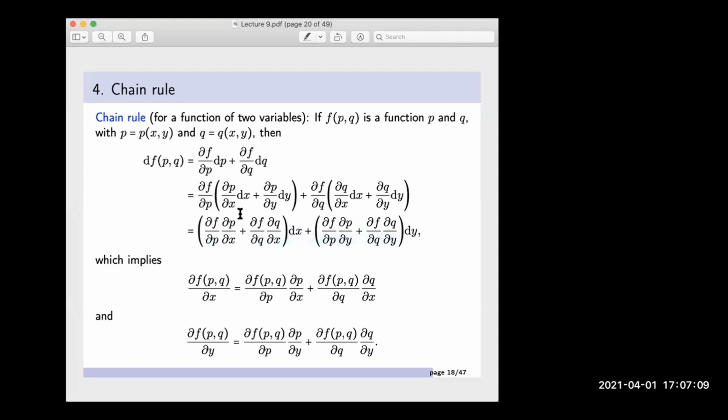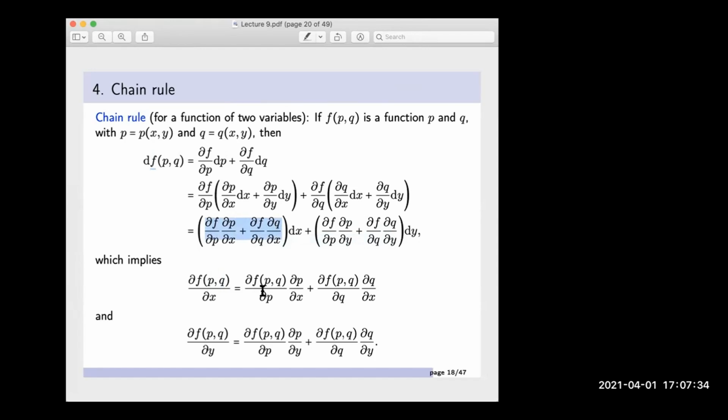If you look at the first part, the coefficient of dx, this part should be the partial derivative of f in x. So if you have a composition function, if p is a function of x and y, q is also a function of x and y, you can take a partial derivative in x, and this partial derivative would be equal to this part.